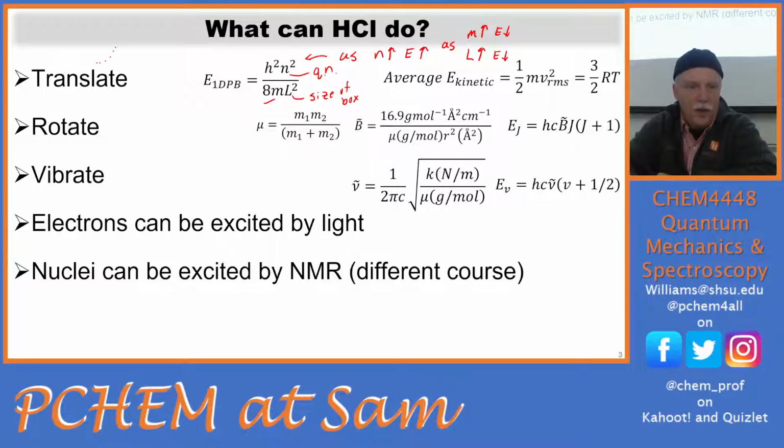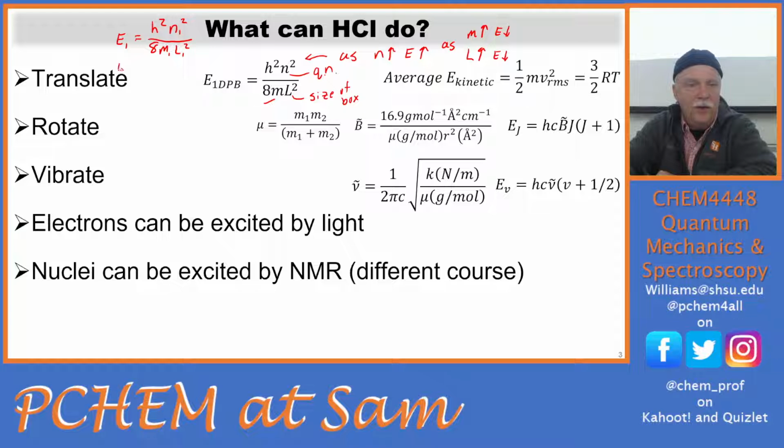And so if I've got E1, and that's h squared, I'm going to put a 1 on the n quantum number, n1 squared over 8 m1 L1 squared.